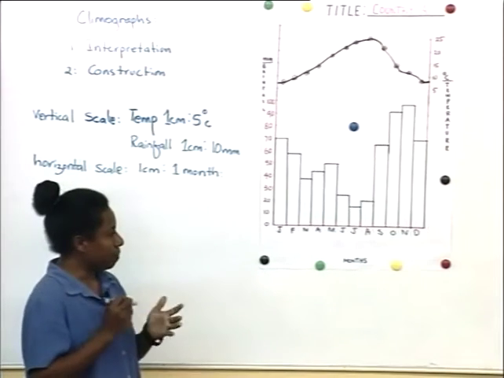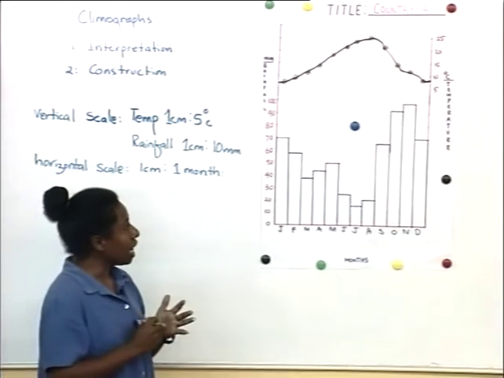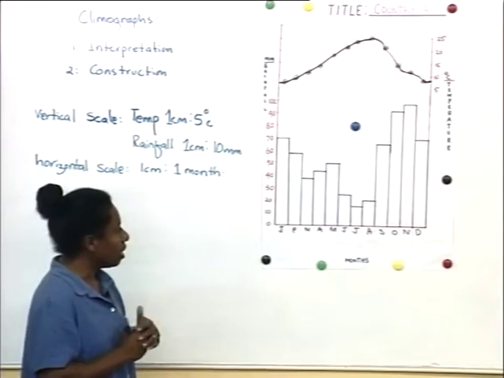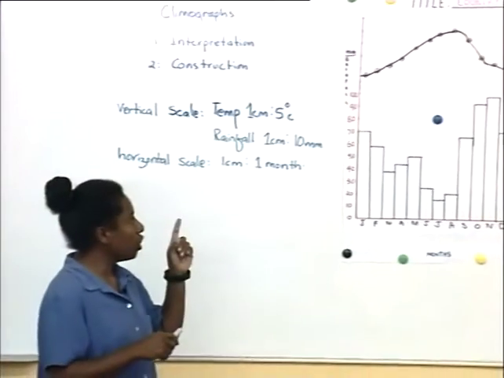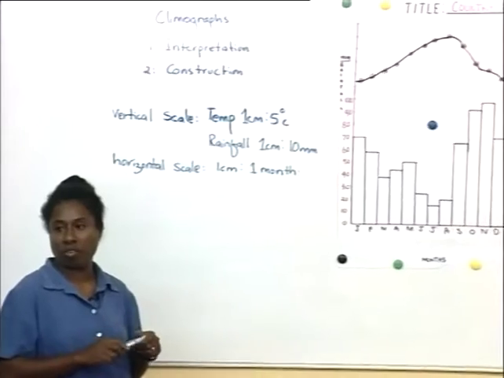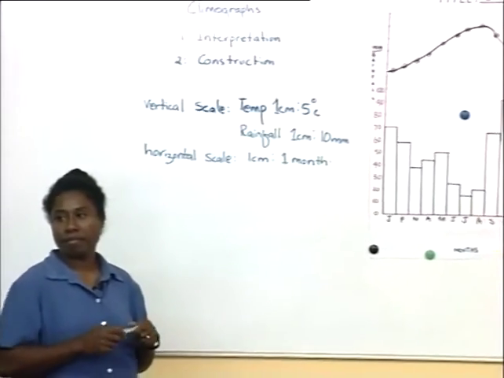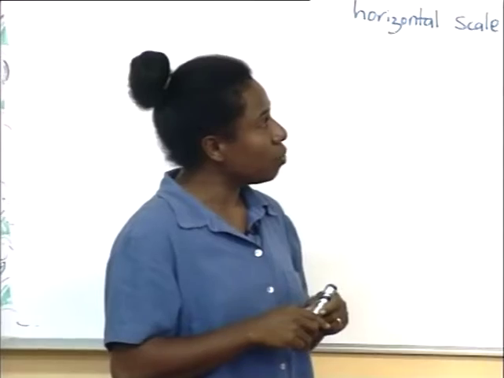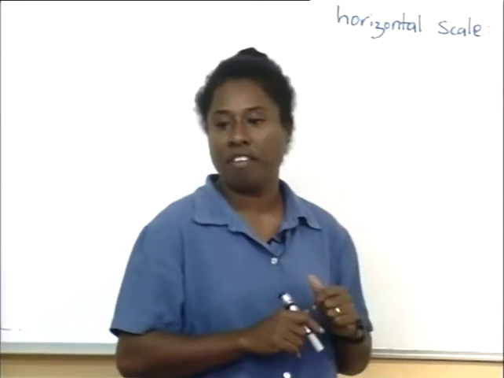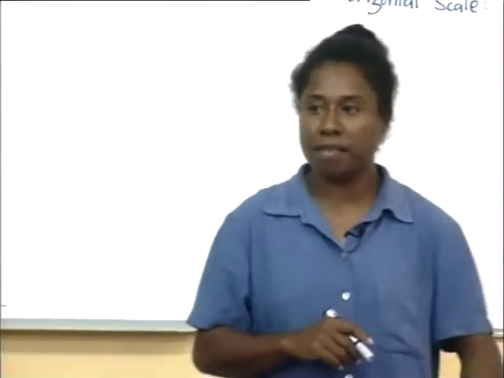Okay, tell me. Someone in the class will have to tell us which months then will be winter months according to our line graph that we have constructed. Luisa, could you tell us which months then, according to our line graph, would be the winter months?